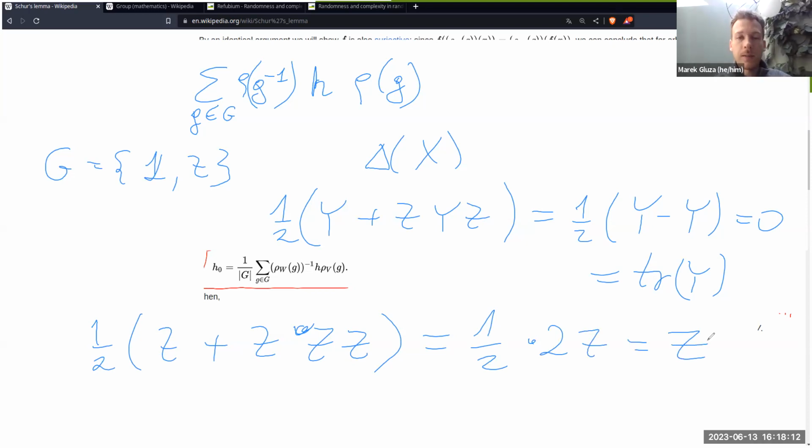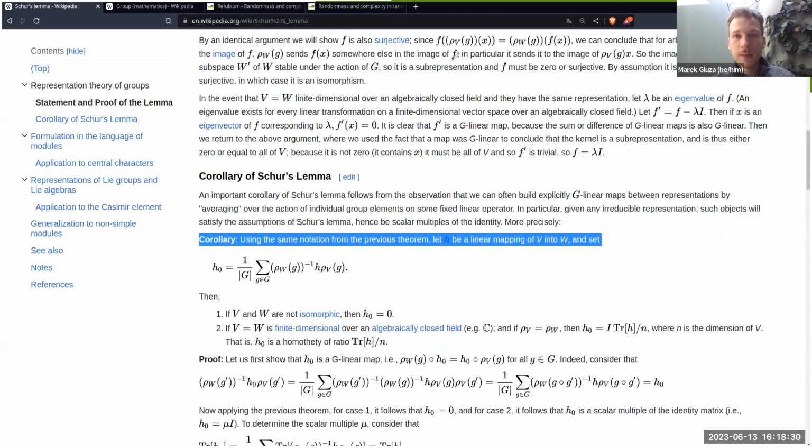So what's going on here? Well, this is not the identity times any alpha, okay? So we need to have a look here. Normally, what we should get is that this averaging over Z should give me the identity.